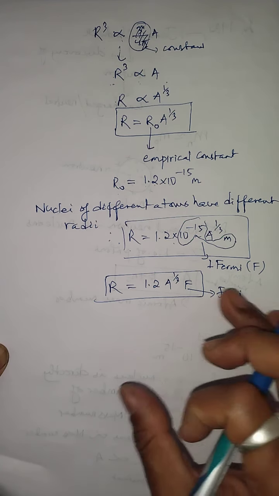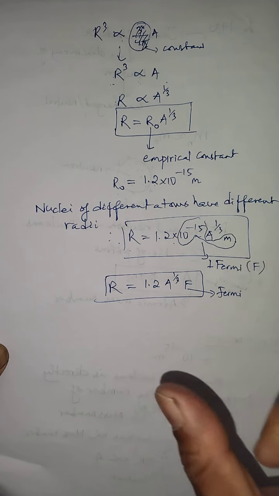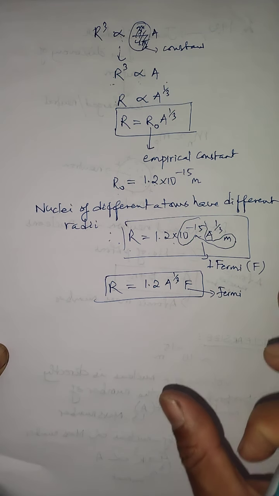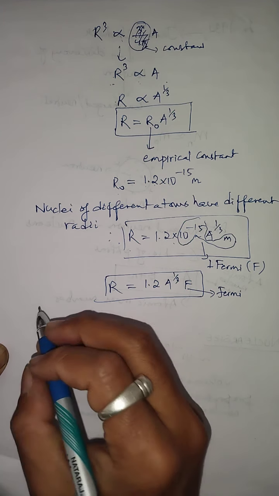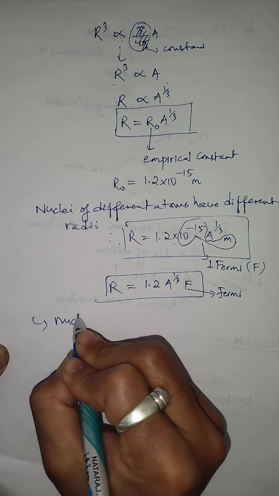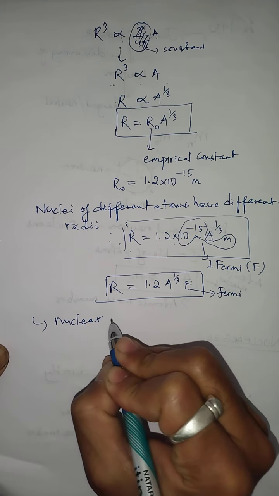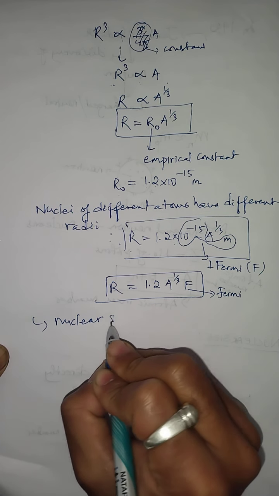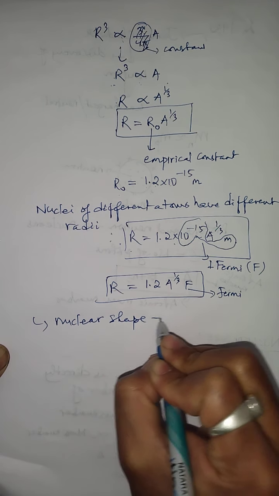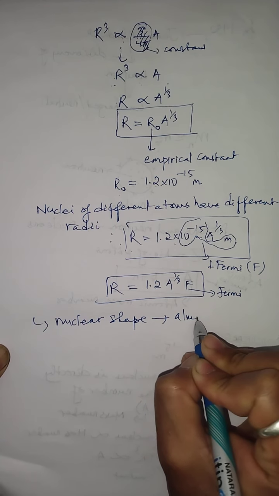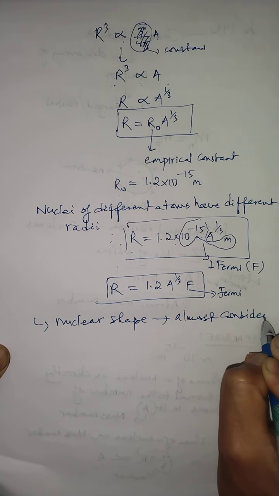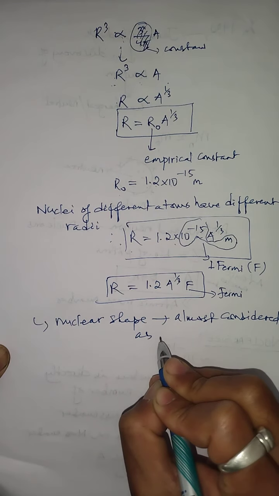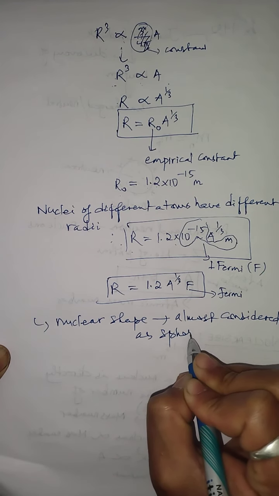That means we consider the shape of the nucleus almost as spherical. So it is assumed that the nucleus shape is almost spherical.